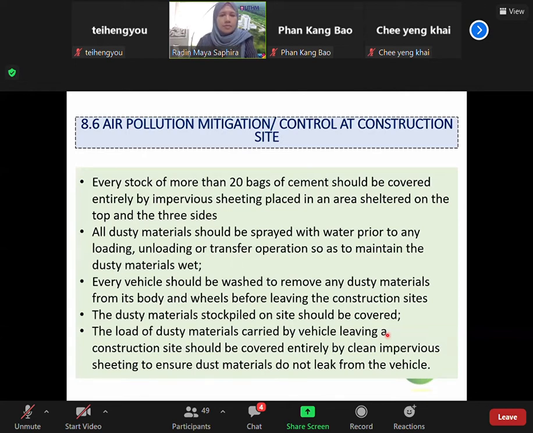Okay, the main concern is that the dust with a certain size can enter into our respiratory system. Itu yang kita nak elakkan. Then itu yang menyebabkan it can cause a lot of issues for human health. Okay, ni boleh baca lah.